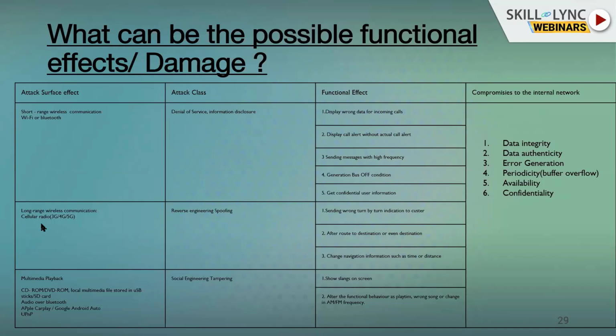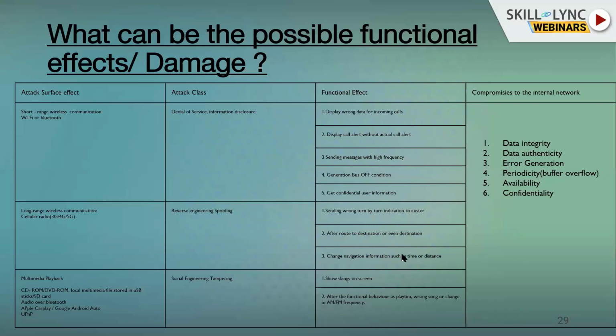If your cellular radio network is compromised by reverse engineering or spoofing, wrong turn indications could be sent, or the route to the destination, or even the destination itself, could change. Navigation information such as time or distance could be changed.